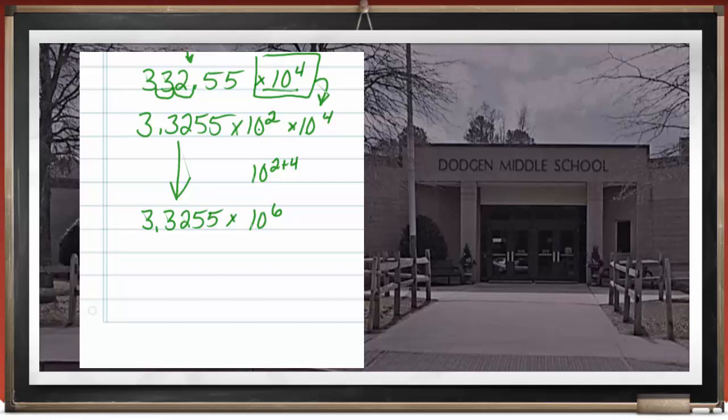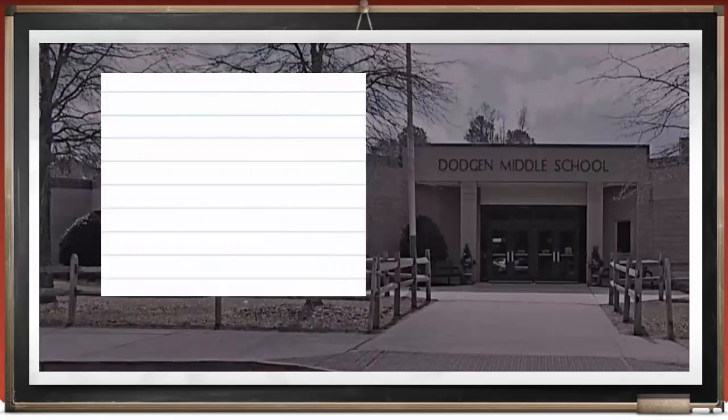Now finding your estimated scientific, your calculator notation, and your estimated calculator notation should be rather easy from that point on forward. Let's look at one more example. 0.0033255 times 10 to the fourth. Now again, we need to figure out how to move this decimal place 1, 2, 3 units to the right.